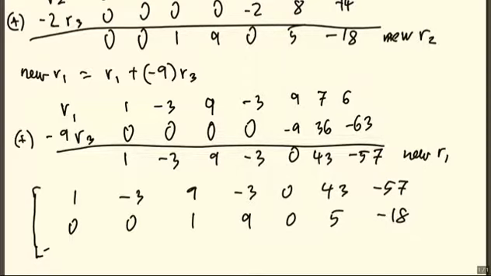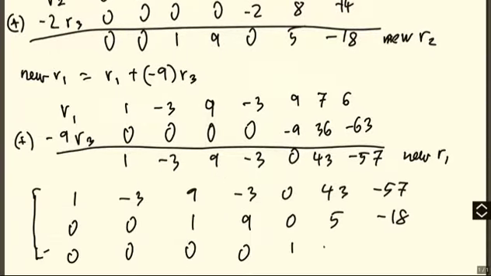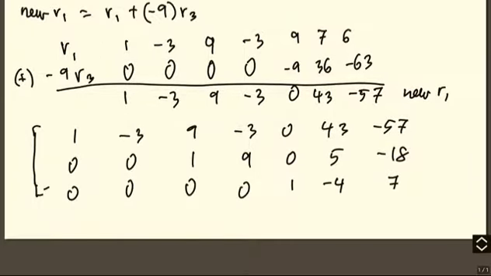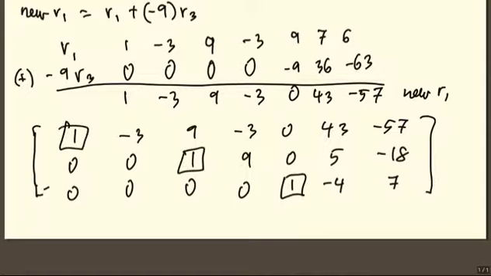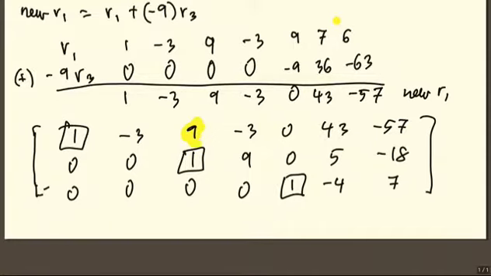And row 3 that doesn't change: 1, minus 4 and 7. All right, so let me box again the pivot elements. Above this pivot now we have all zeros, and then the only thing left is to eliminate this 9 above this second pivot.